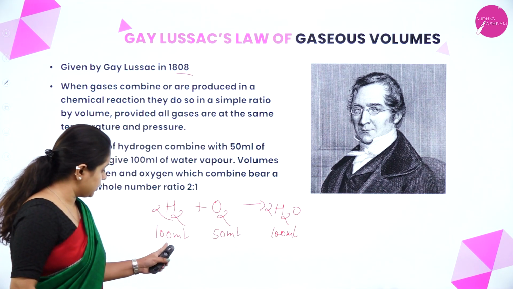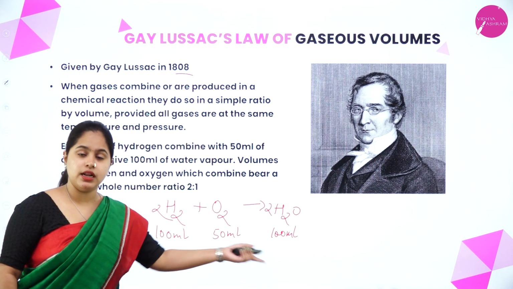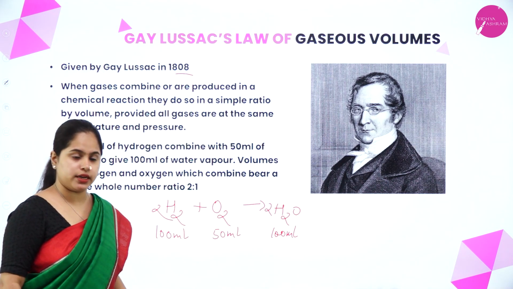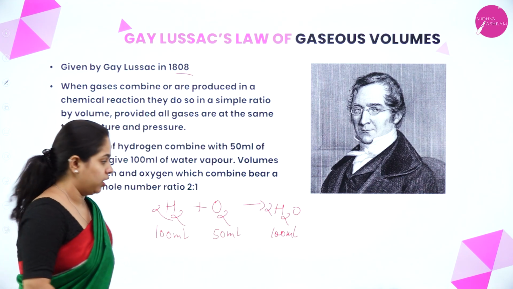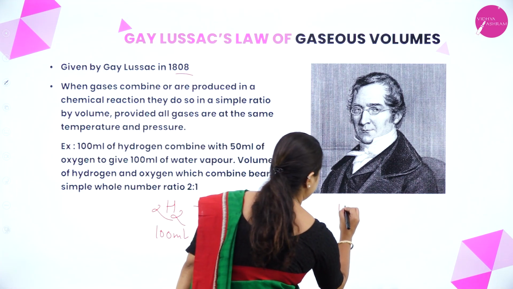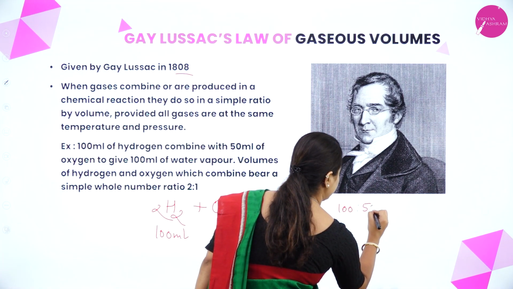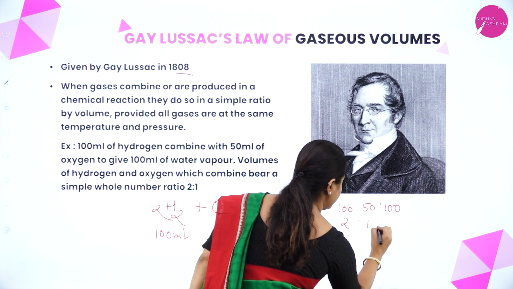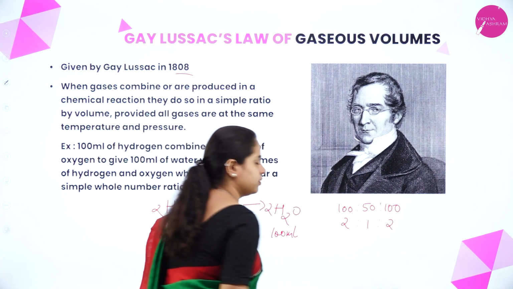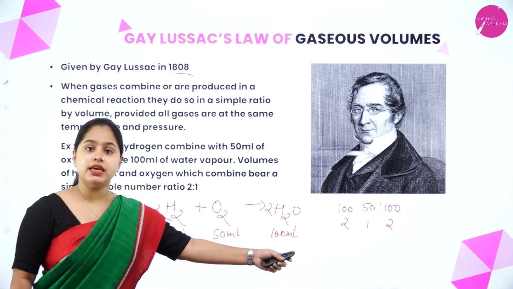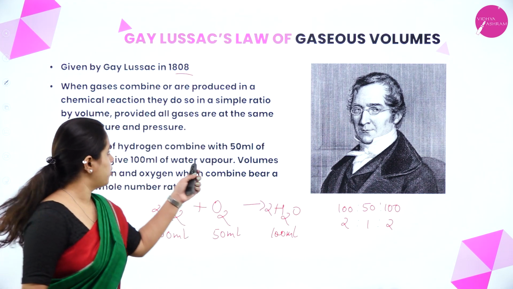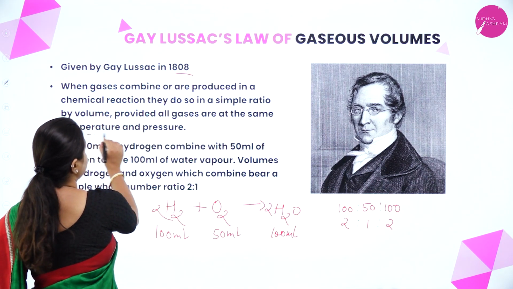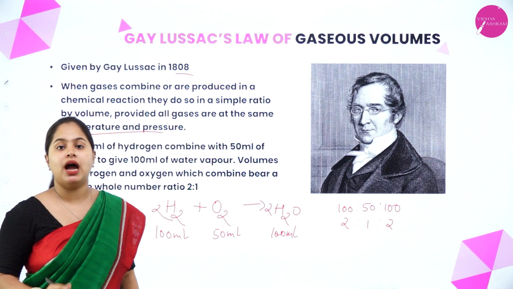So you can see the volumes given here are in a simple whole number ratio, right? 100, 50 and 100. How can you write it? 100 is to 50 is to 100. So that is in the ratio 2:1:2, right? They are combining in a simple whole number ratio, provided all gases are at the same temperature and pressure.